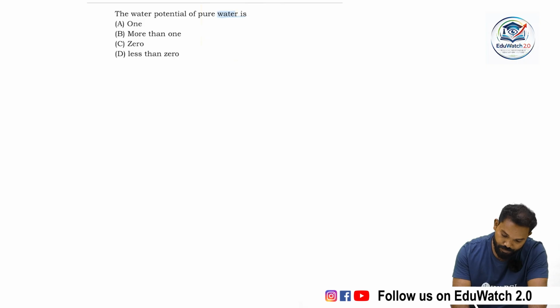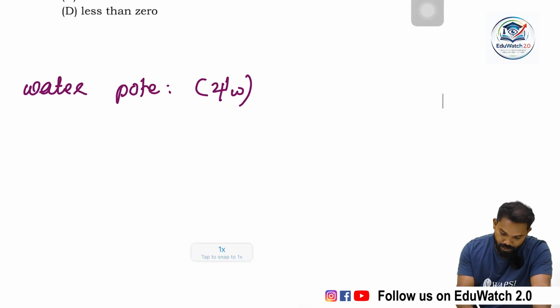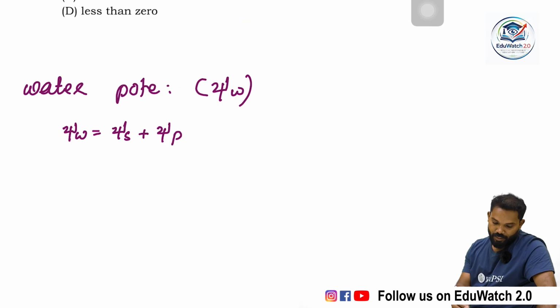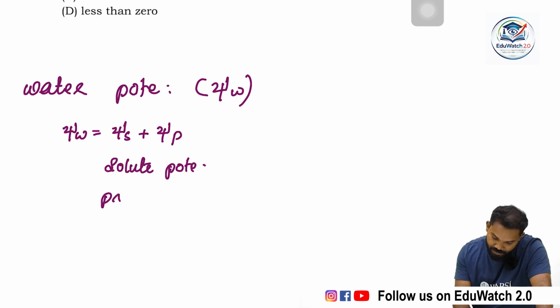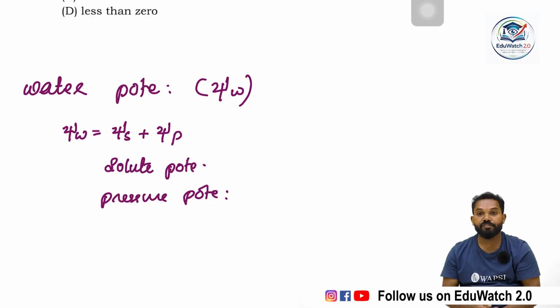Water potential, or psi W. Psi W is equal to psi S plus psi P. Here psi S is solute potential and psi P is pressure potential, which means water potential is the sum total of solute potential and pressure potential.